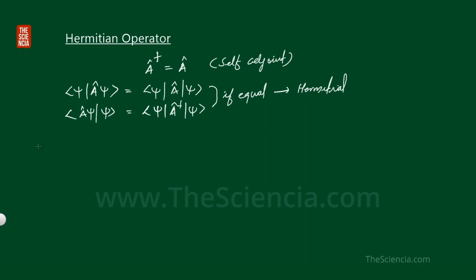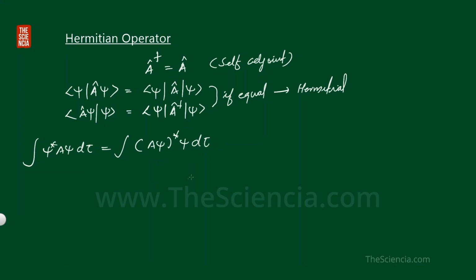That means in integral notation, integral psi star A psi d tau is equal to integral A psi star psi d tau. If this integral satisfies the values, then we can say this is a Hermitian operator.